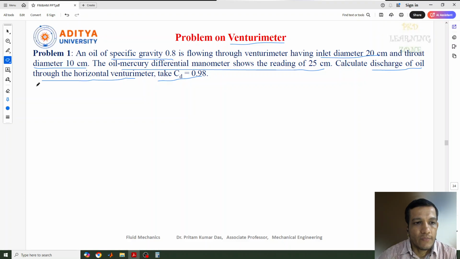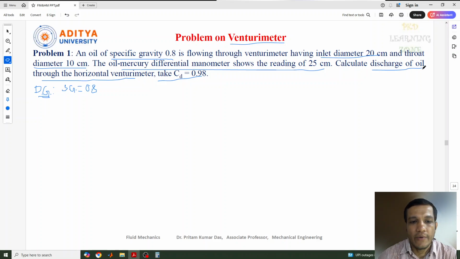So here the data given is, let's write down the data given here. Specific gravity of oil equal to 0.8, flowing through a Venturimeter, inlet diameter is 20 centimeter.